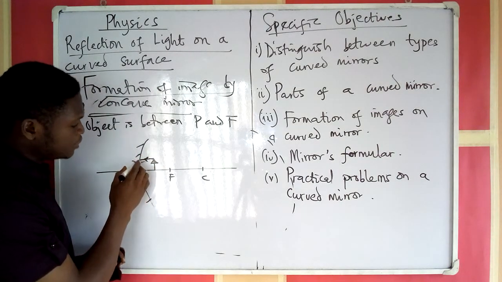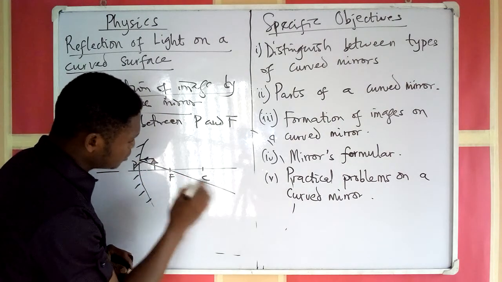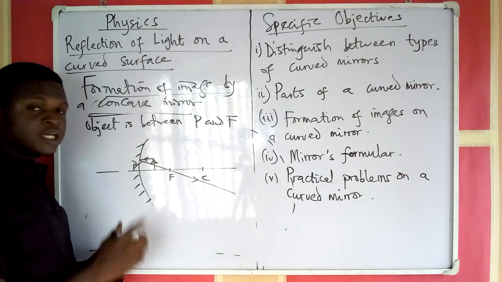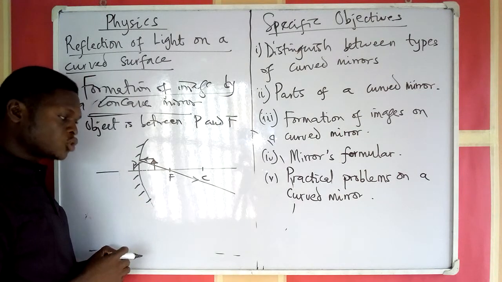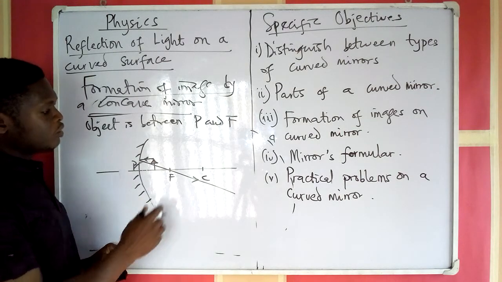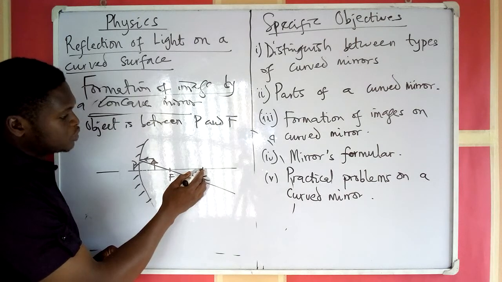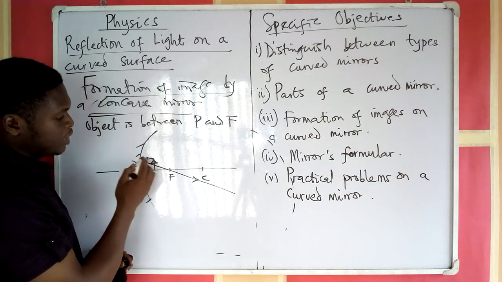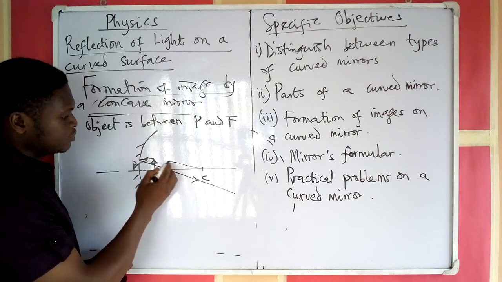And the next thing that will happen is that it will pass through the principal focus. You see that? That's ray 1. Then for ray 2, we are going to have this one here, that will pass through the head of this, just like we have said before, which is ray 3.